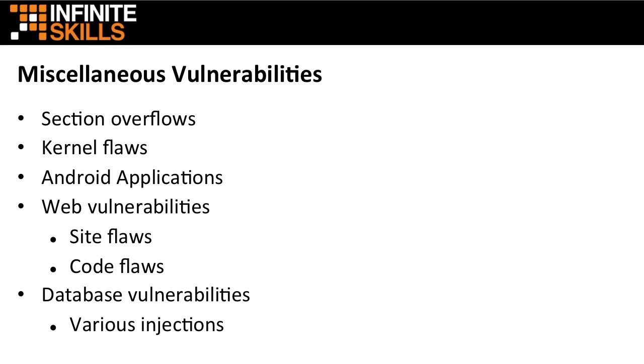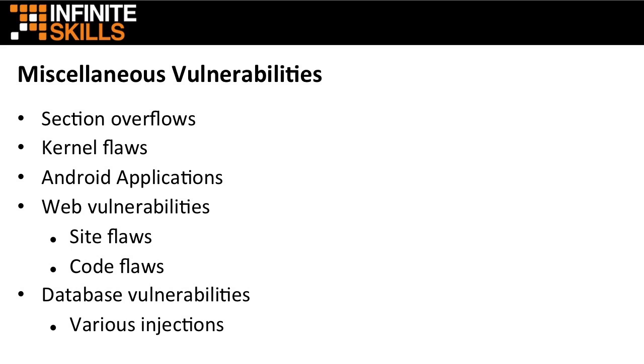There are likely flaws in your operating system kernels that can be exploited. So we'll talk about finding those and exploiting them as well. We will also talk briefly about Android applications and how you might find some flaws in them and exploit them. And we will talk about web vulnerabilities, which fall into two general classes. You have site flaws, things that are problems with the website itself.